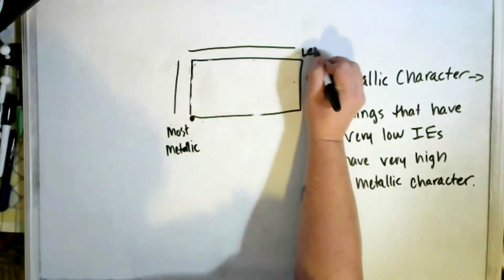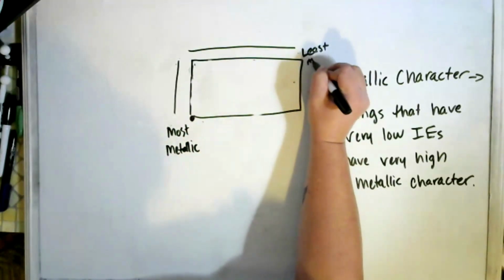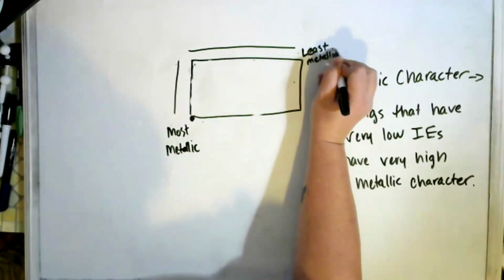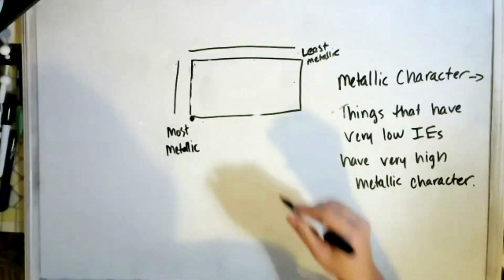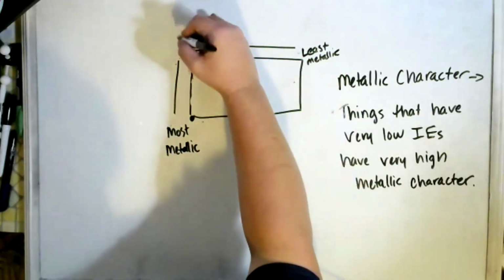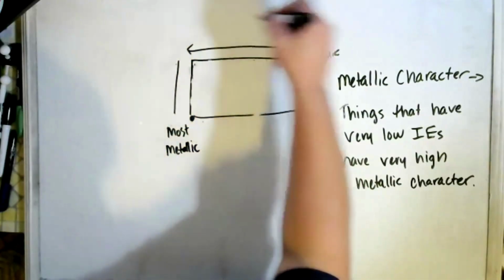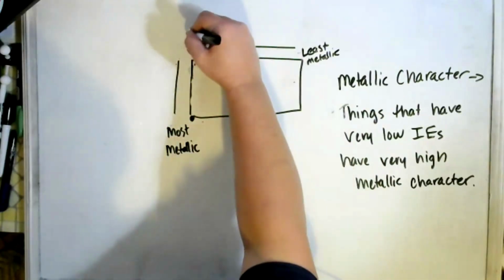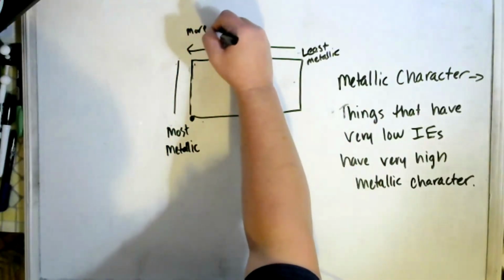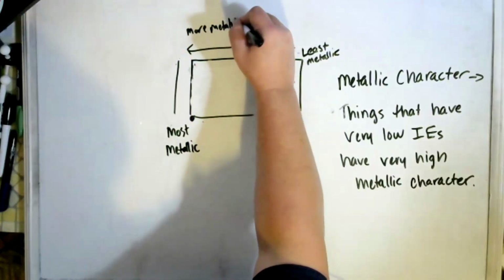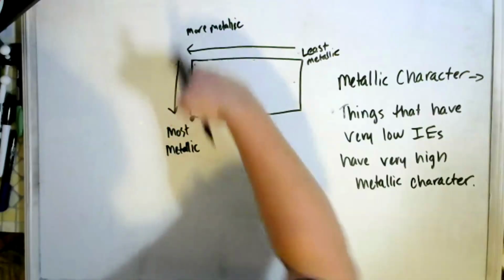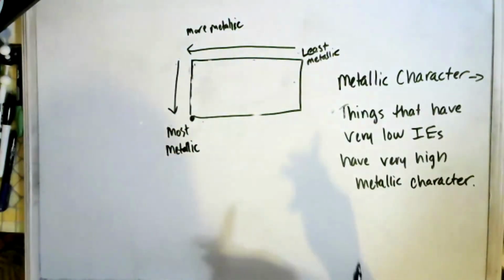And our least metallic will be up here. And this is where our highest ionization energy was. Okay. So we're going to get more metallic as we move from right to left, and we're going to get more metallic as we move further down.